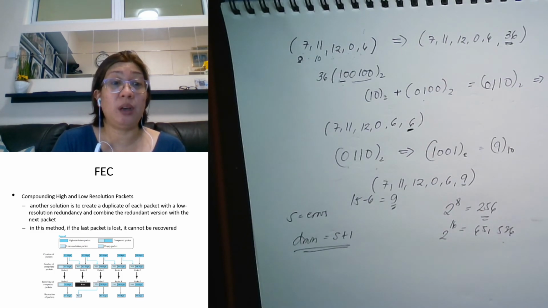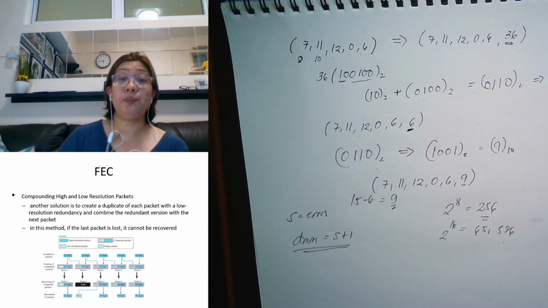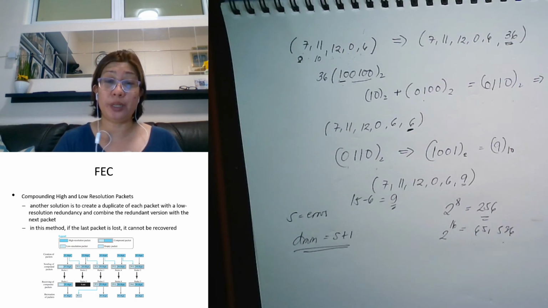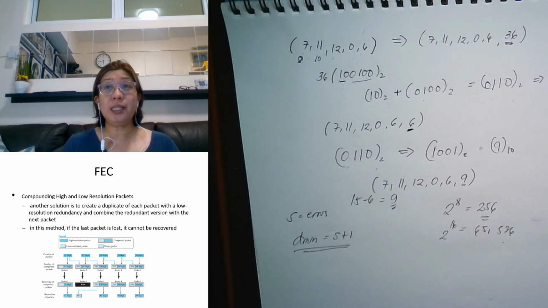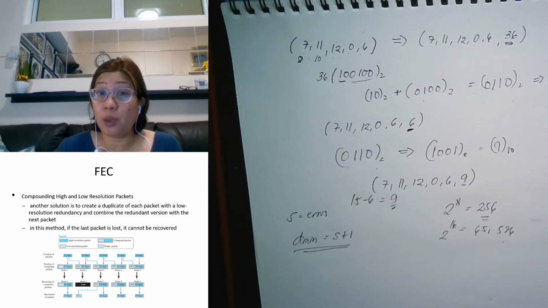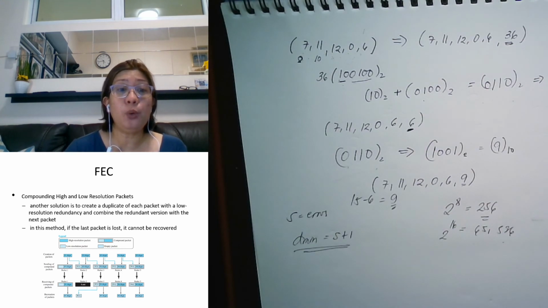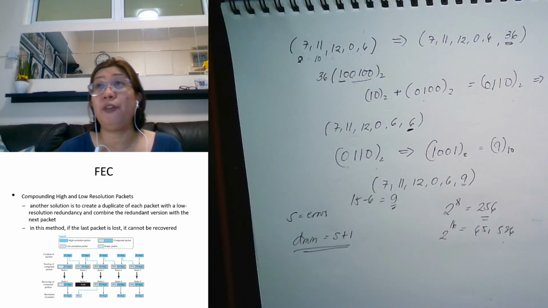In this method, since we are sending two, one higher and one lower resolution, if the higher resolution was lost or corrupted, we have an alternative one but with a lower resolution. As an example, looking at the figure, we can create four low resolution packets out of five high resolution packets, and we send them as shown in the figure.